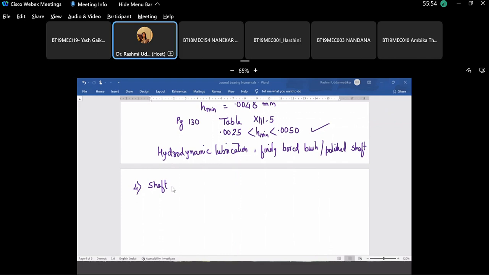Okay. So next problem: a shaft of a centrifugal pump is rotating at 600 RPM and is supported by a bearing of 50 mm diameter.